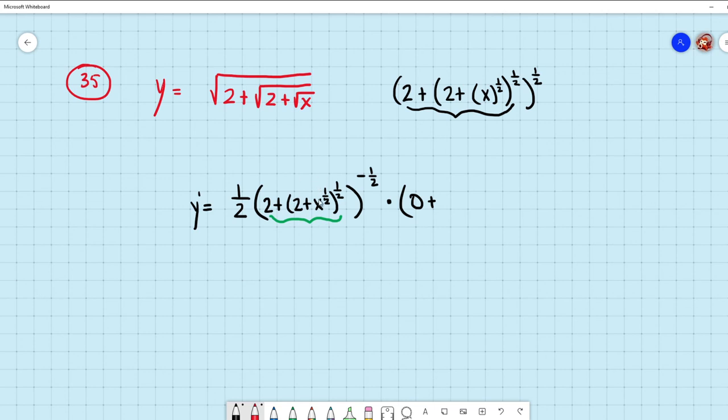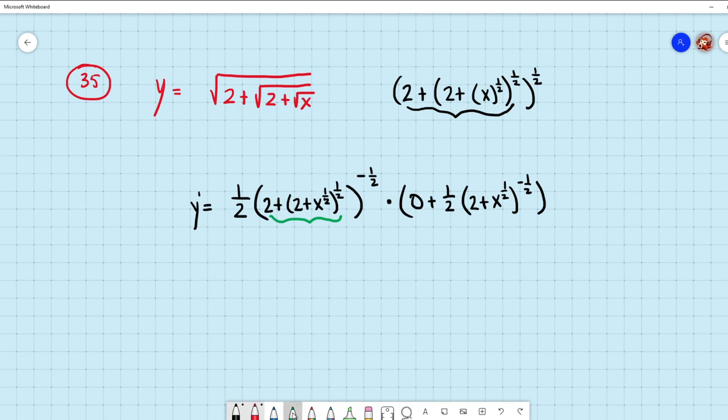But to derive this is chain rule. So let's do that. So this would say 1/2 times 2 plus x to the 1/2, to the negative 1/2. So I've derived this function, this x to the 1/2.